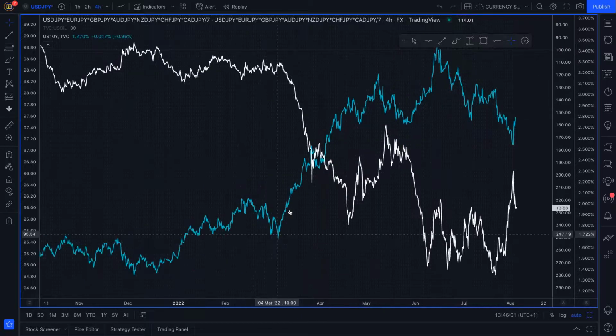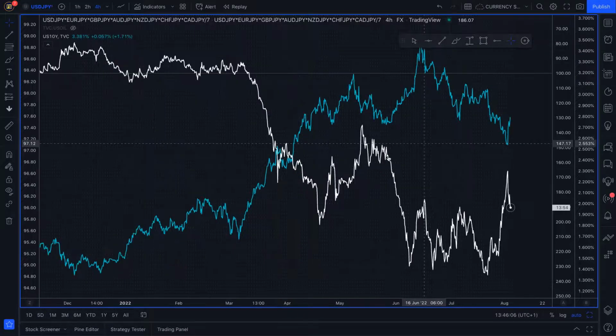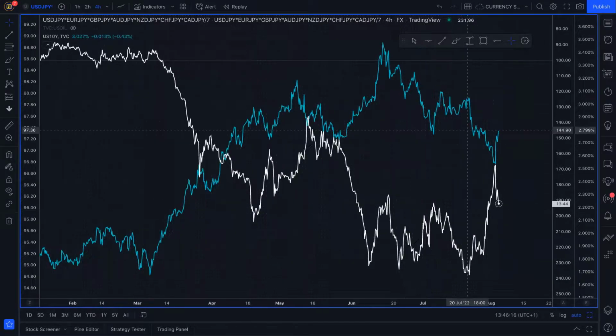When the 10-year yield rises, the yen weakens. When the 10-year yield falls, the yen strengthens.